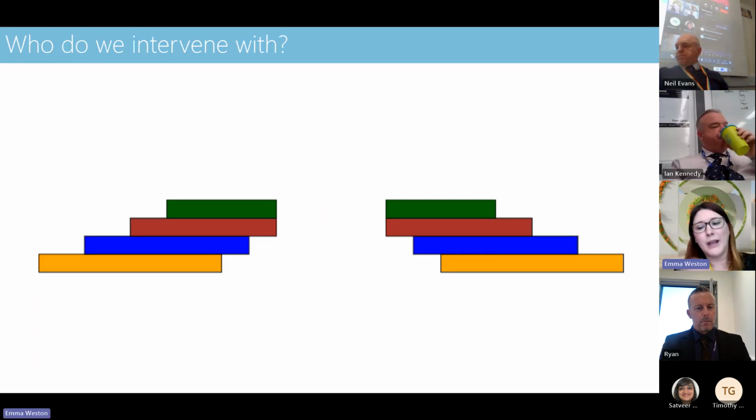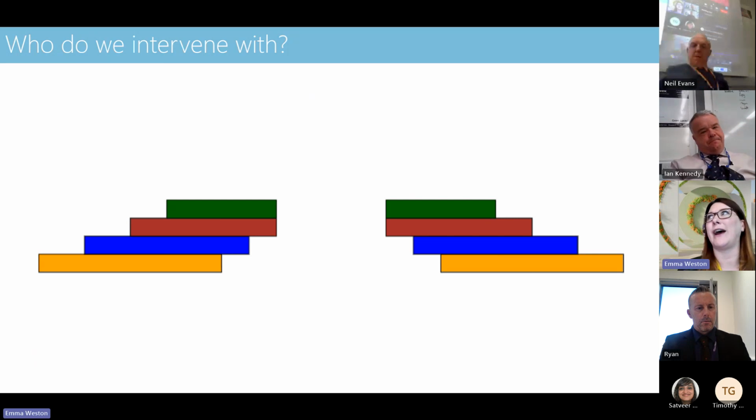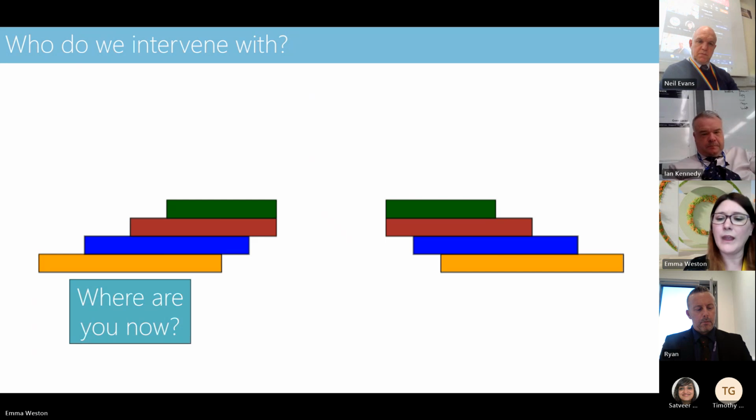So when we're trying to narrow down who we're going to intervene with, it might be that out of those main groups that we talked about just now, there might be one in particular that you're thinking of where you know you need to be focusing. So we need to know, looking at our data, where are we now? So where is our year 11 cohort now?